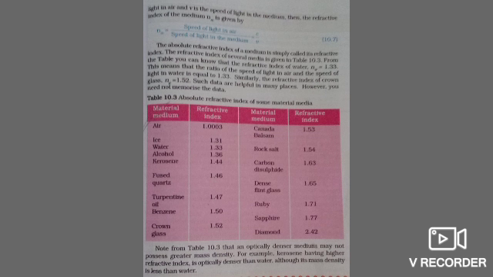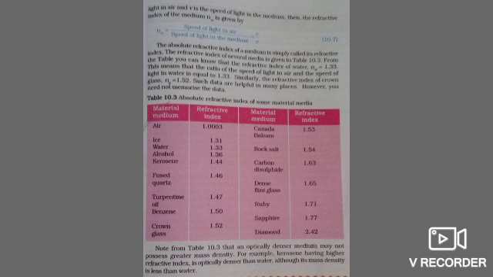I told you what absolute refractive index is. If medium 1 is vacuum and medium 2 is other than air, then we call it the absolute refractive index. Again, clearly: if medium 1 is vacuum or air, then the refractive index of medium 2 is considered with respect to vacuum. This is called absolute refractive index.